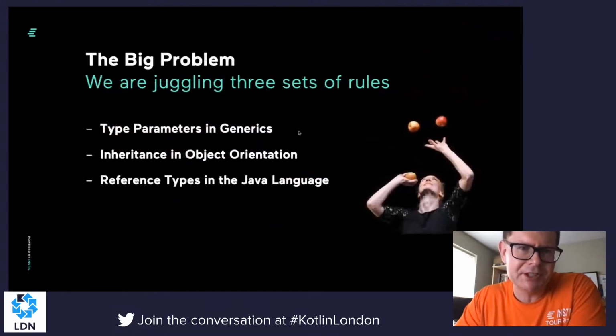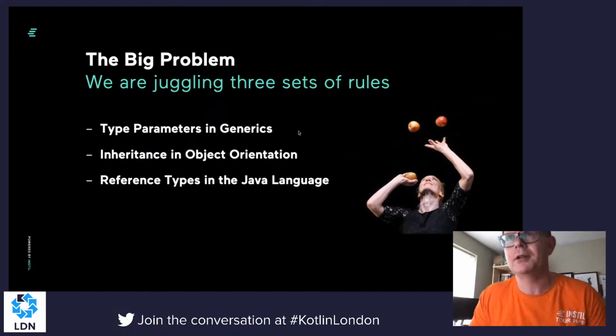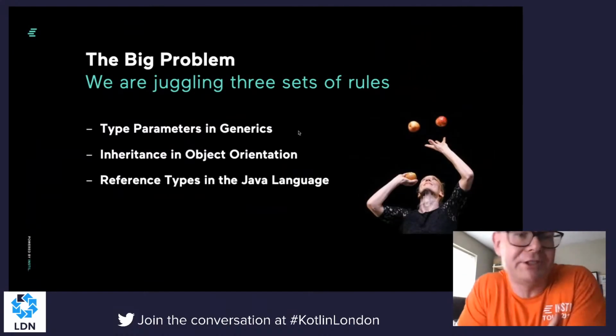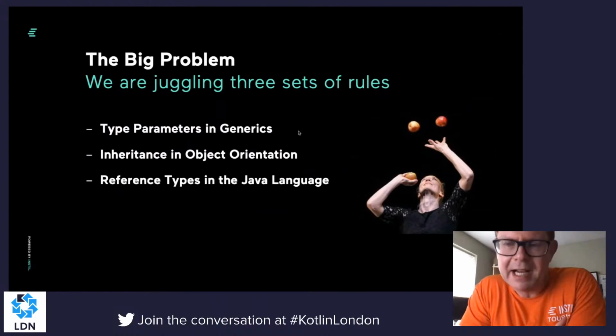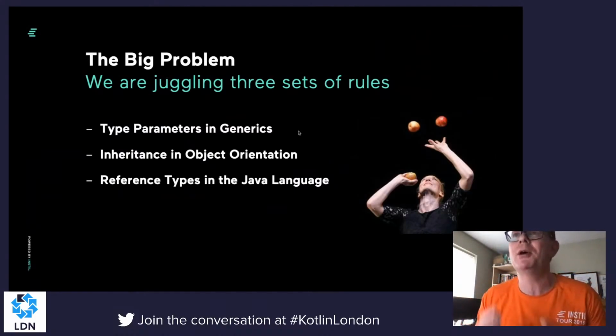So the problem with generics is not understanding type parameters themselves. The problem with generics is that in Java or Kotlin or Scala or whatever language you're working with, you're juggling the rules of type parameters, and you're juggling the rules for inheritance and object orientation, and you're juggling the rules for reference types. So if you like, there's 3 balls in the air, and you have to keep juggling them.